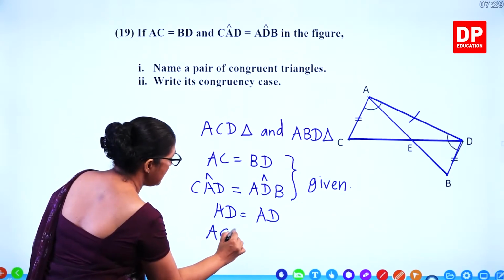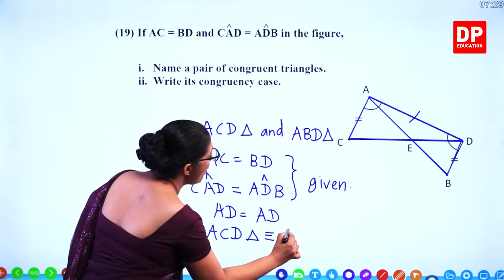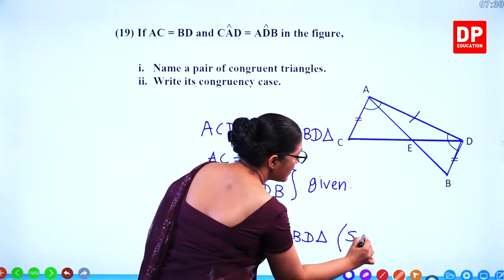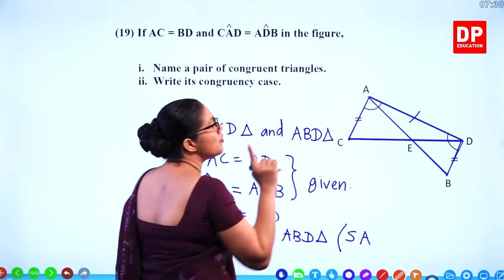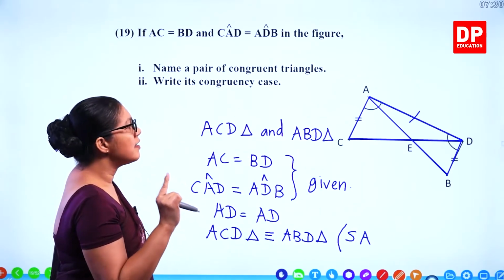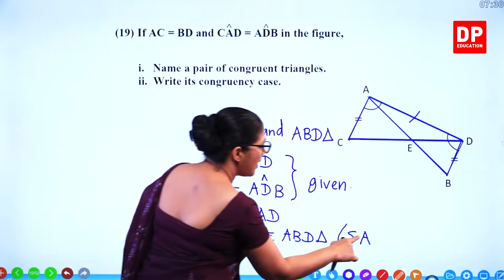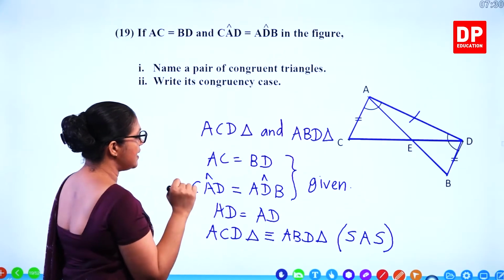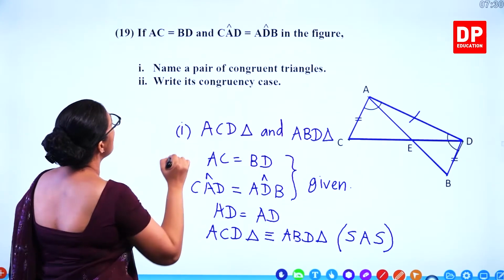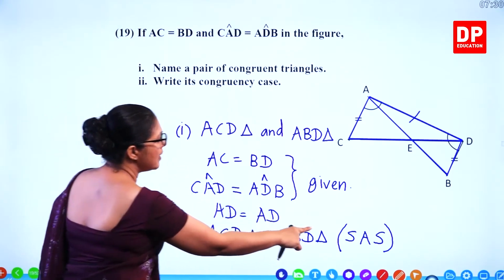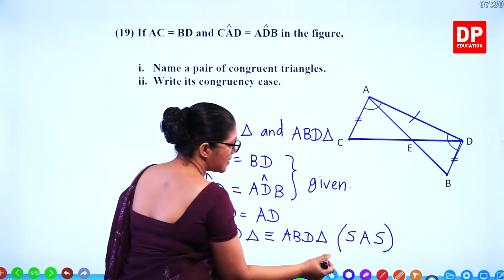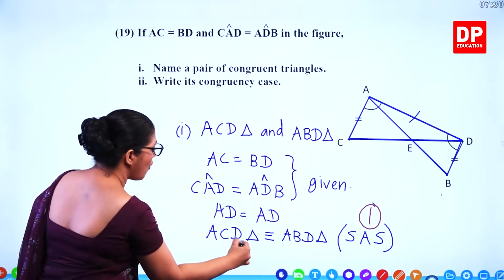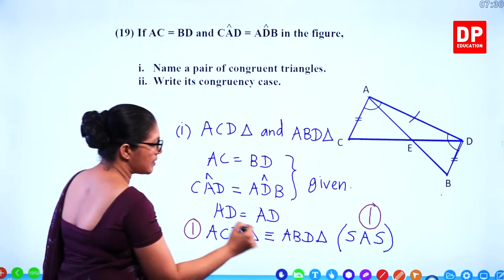So triangle ACD is congruent to triangle ABD because of two sides and included angle. Remember that SAS means the angle should be the included one: side, angle, side. So the two triangles are ACD and ABD, that's the first one. And the second one, they want the case of congruency, SAS. So you get 1 mark for this one and 1 mark for identifying the two triangles.